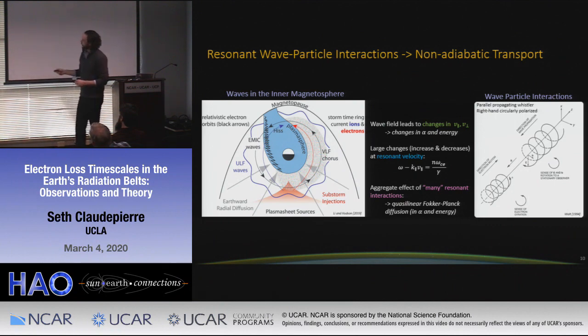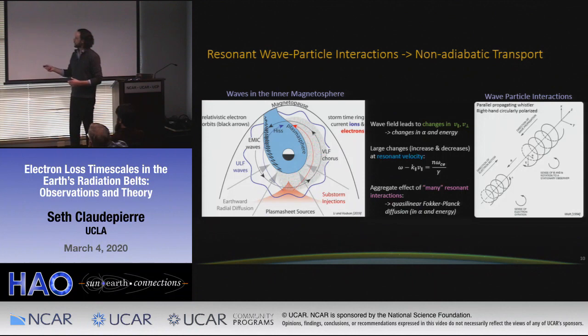In the rest frame of the electron, as it passes and interacts with this wave, it will see wave perturbations in the electric and magnetic field perpendicular to the field. If you work out via the Lorentz force equation, those wave perturbations will lead to changes in both the parallel and the perpendicular velocity of this particle moving along. So this is the wave-particle interaction.